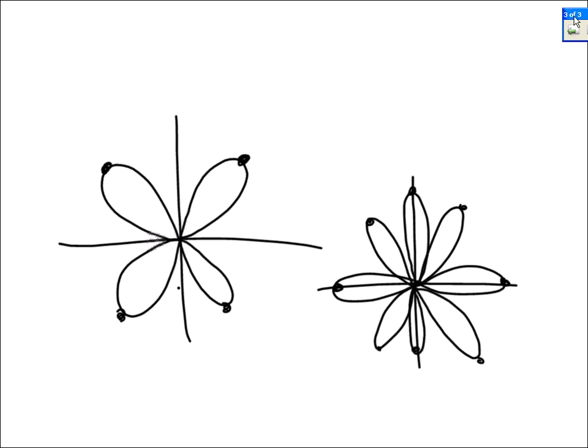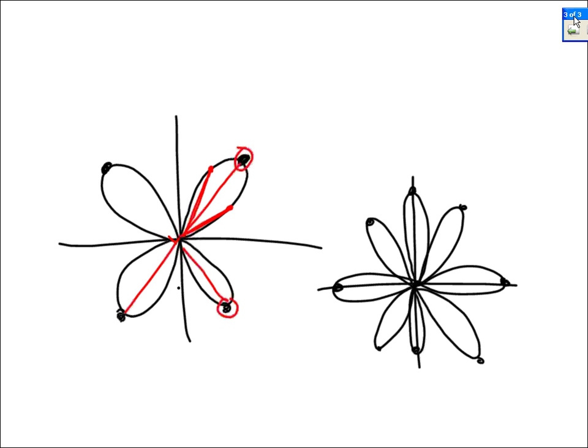But you know what? Those are the biggest values of R. I mean, for this point right here, R is that length. For this point right here, R is that length. For this point over there, that's R, the longest.